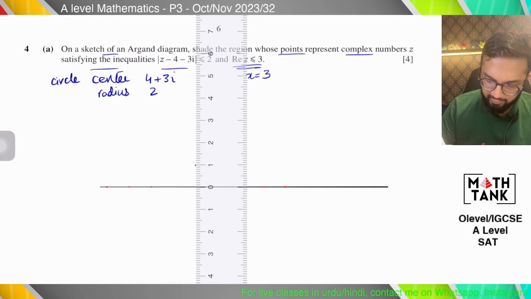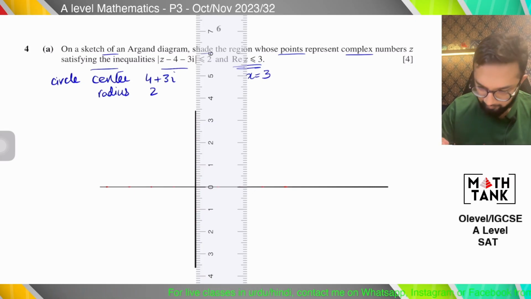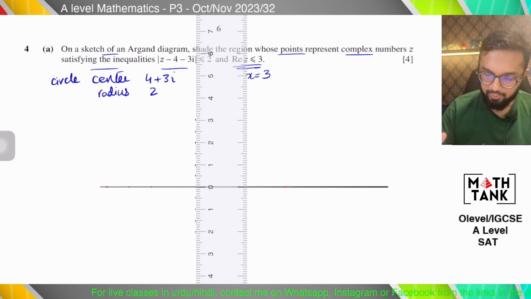I think I'll have to take a smaller axis and say that this is 1, 2, 3, 4, 5, 6. Oops, that vanished.